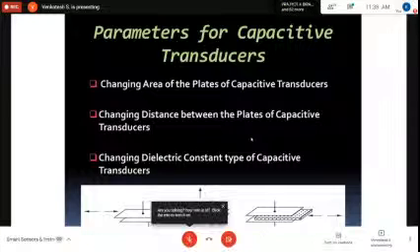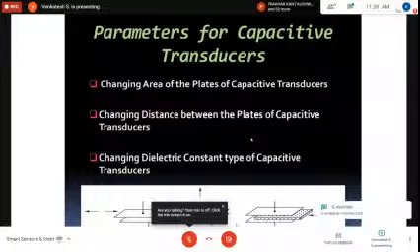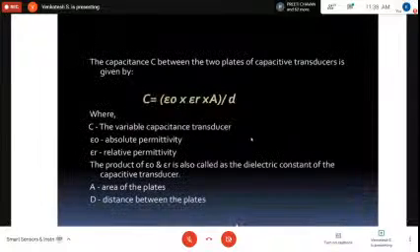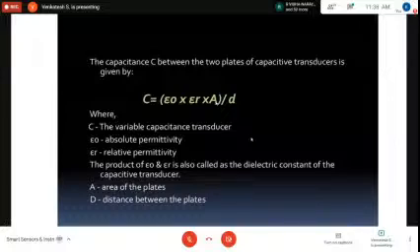Now this is one type of transduction principle that we can exploit for a particular application. The other transduction principle is based on the relation that C is proportional to the cross-sectional area of the plates that are overlapping with respect to each other.